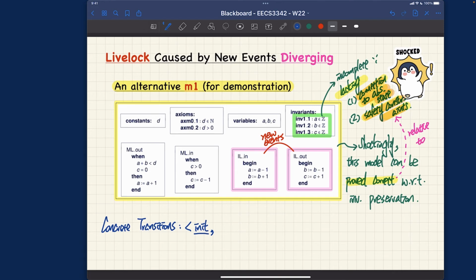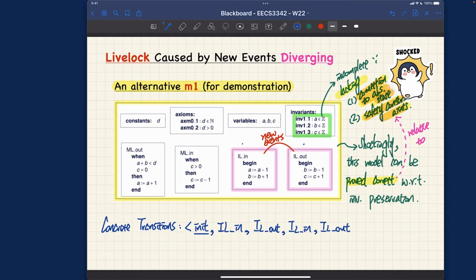After the initialization, since we know IL in, IL out can always occur, what about we do this? Let's say IL in can occur, followed by IL out, and then followed by IL in, and then followed by IL out. Is this trace so far possible? Let's not worry too much about how the variable values are being changed.